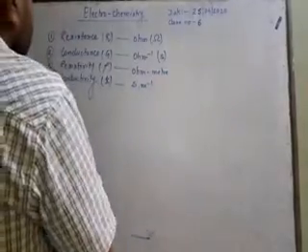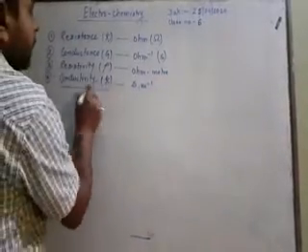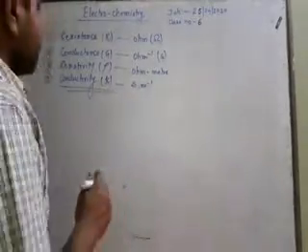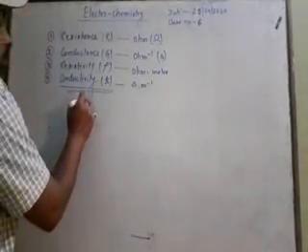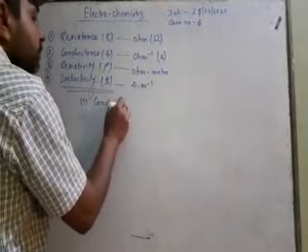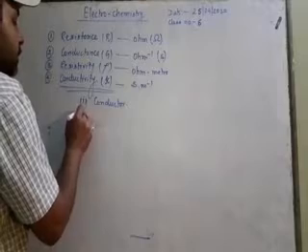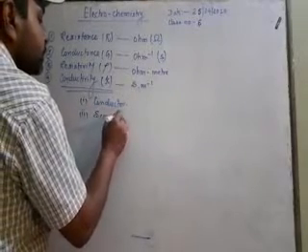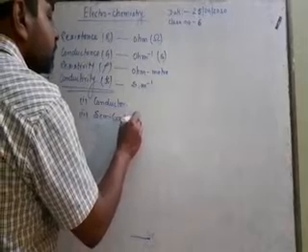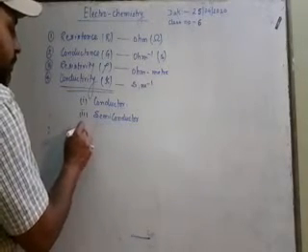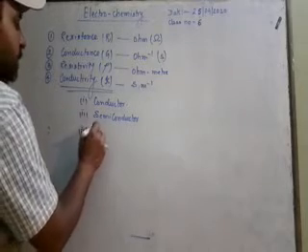Now students, depending upon conductivity, solids are divided into three parts. First of all, conductor, second is semiconductor, and third is insulator.